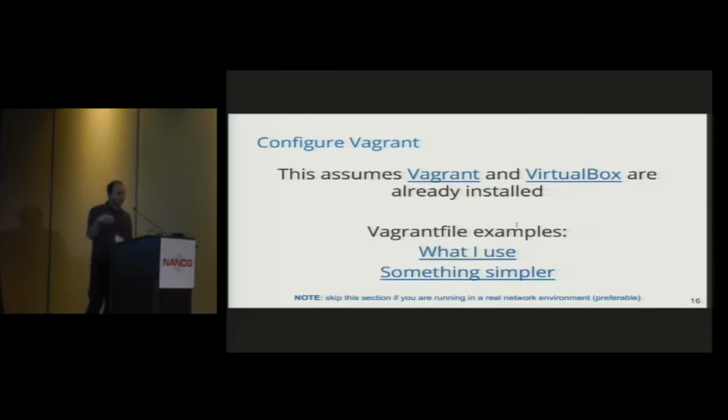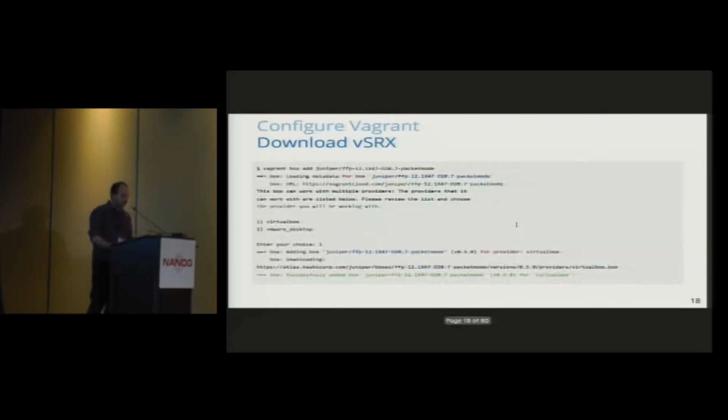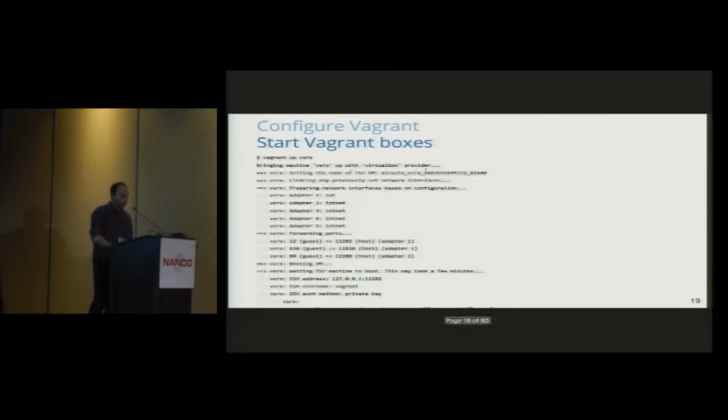You only need to place them in your home directory, for example, and after you download the boxes, you do vagrant box add to add your boxes, or vagrant up, and it will use the Vagrantfile to identify what box you want to run.